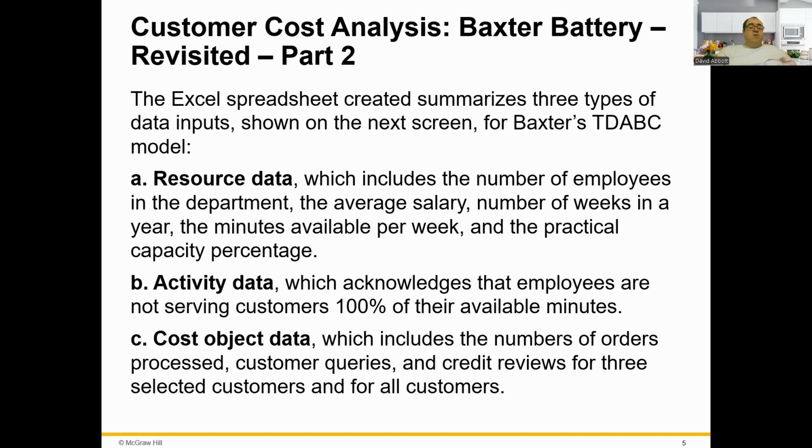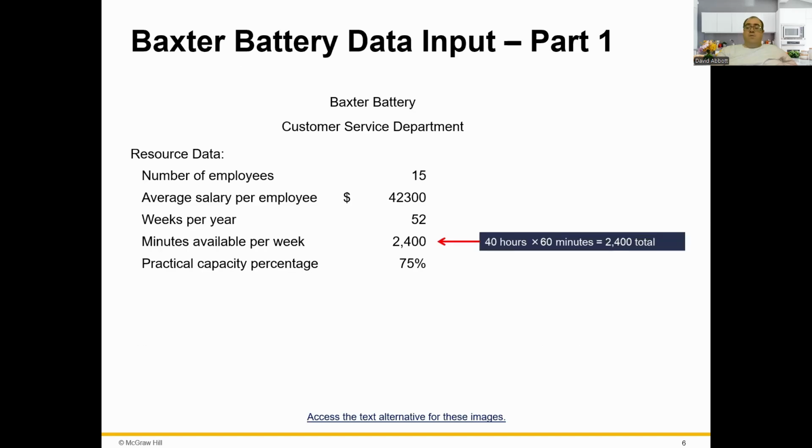Because there's going to be time where they're going to be doing other activities. And then also our cost object data, which includes the number of orders that are processed, customer queries, credit reviews for 3 select customers, and then for all customers. And so again, looking at this and breaking this down.